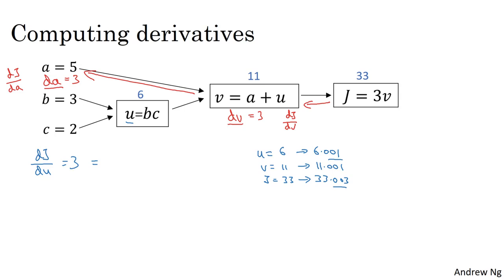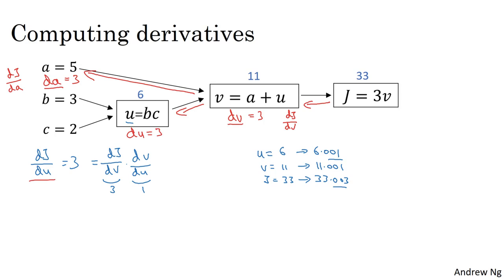This is actually computed as dJ/dv times dv/du, where dJ/dv we had already figured out was 3, and dv/du turns out to be equal to 1. So with one more step of backpropagation, we end up computing that du is also equal to 3. And du is, of course, just dJ/du.